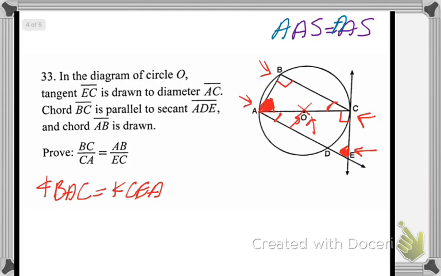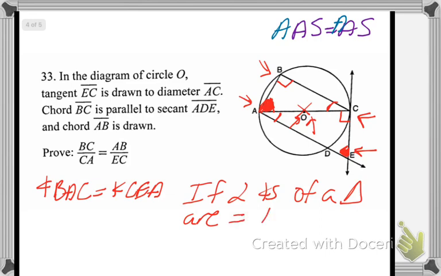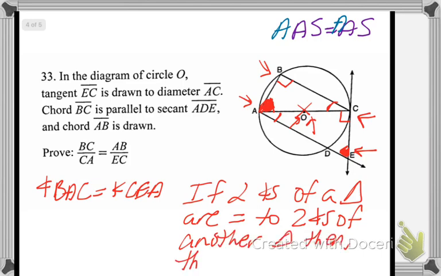Probably the easiest way you can say it is if two angles of a triangle are equal to two angles of another triangle, then the third angles will be equal. Okay? So we first have to say why those are equal. Okay, now that we know that they're equal, now we can say angle, angle, side for both of them.